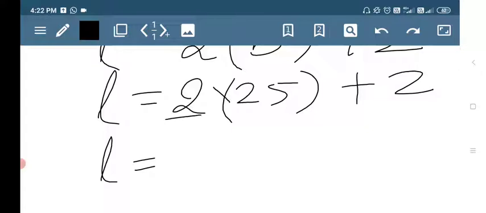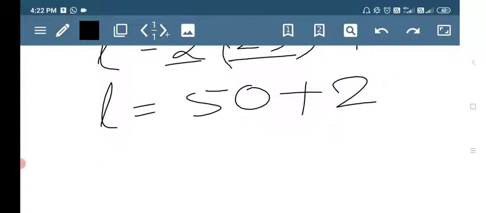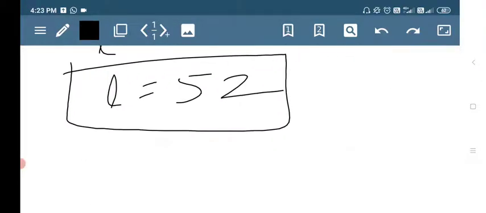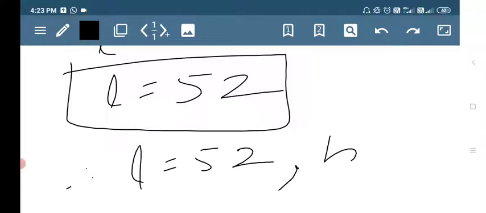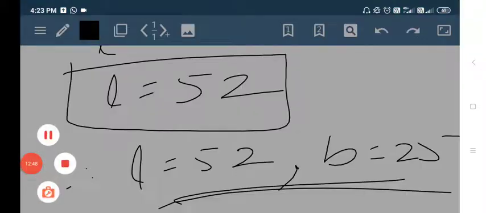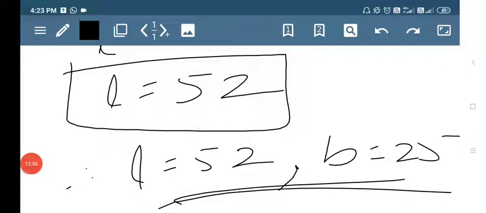L is equal to 2 into 25 is 50 plus 2. L is equal to 52. So therefore length is equal to 52, breadth is equal to 25.